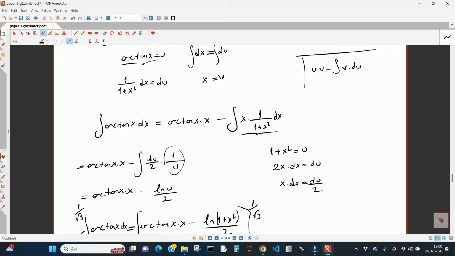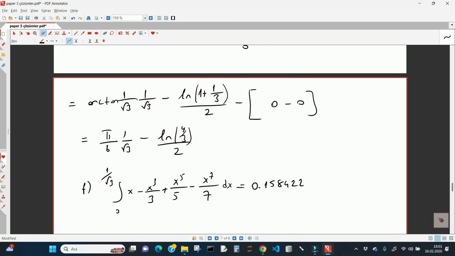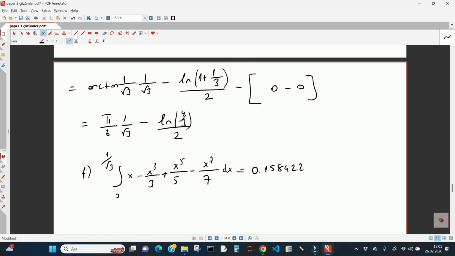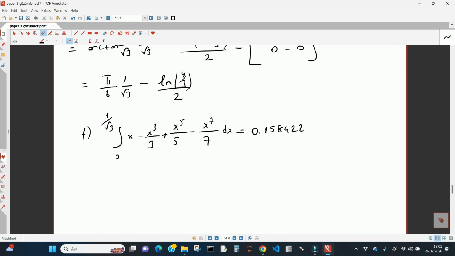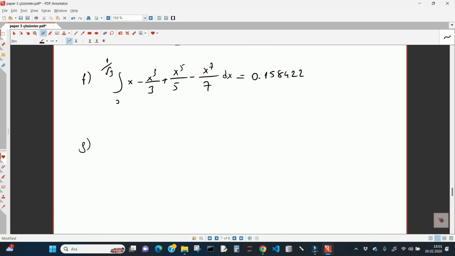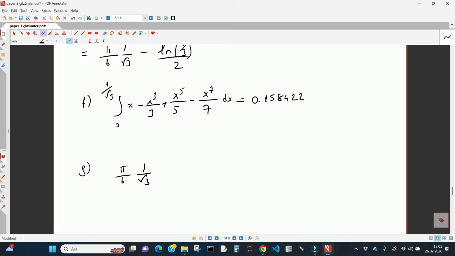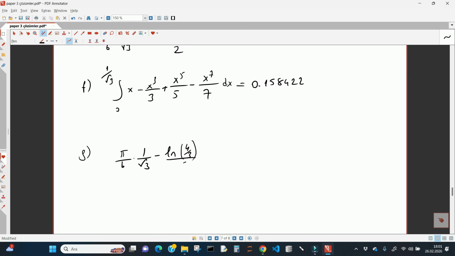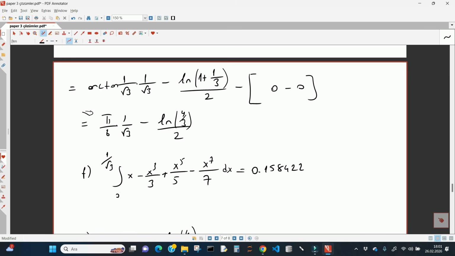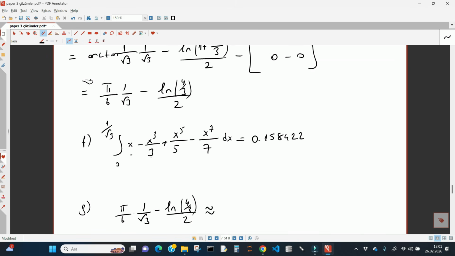For example, in part E, we found the integral of arctangent from 0 to 1 over square root of 3, this value. This expression we found in question E is approximately equal to the solution that we found in F, because this is the first four terms of the arctangent.